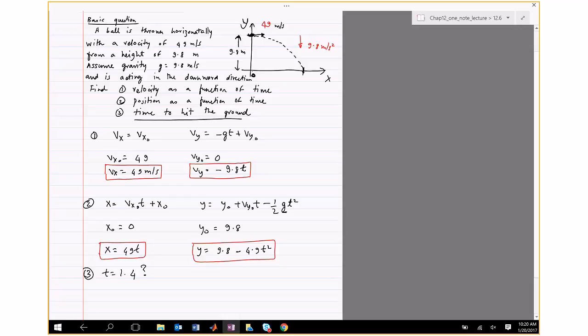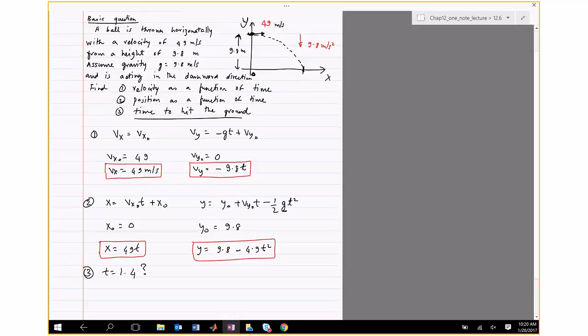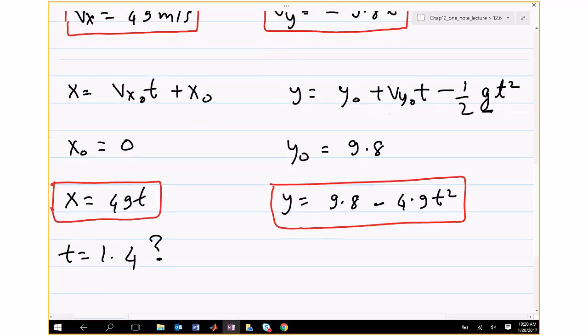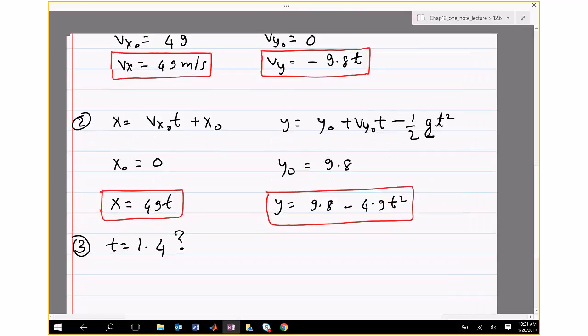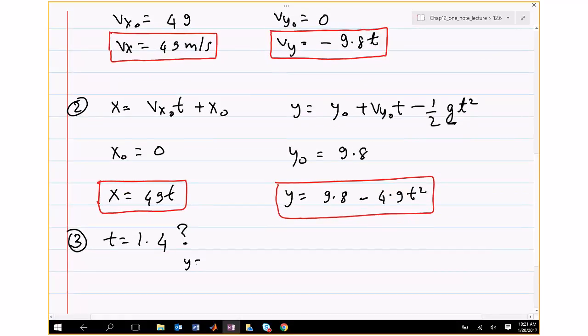How will you go about solving this? What do you know about the particle when it hits the ground? y is 0, right? So if we put y equals 0 in, let's say, equation 1, then we should be able to get the time.